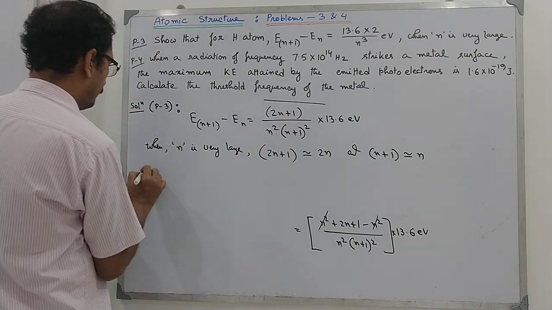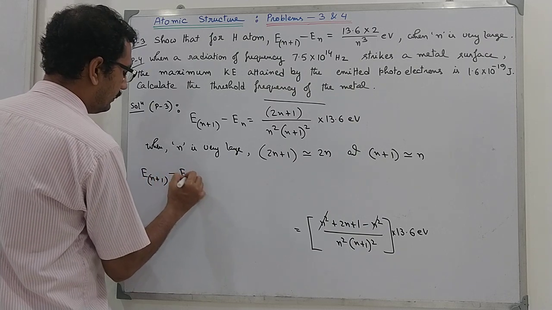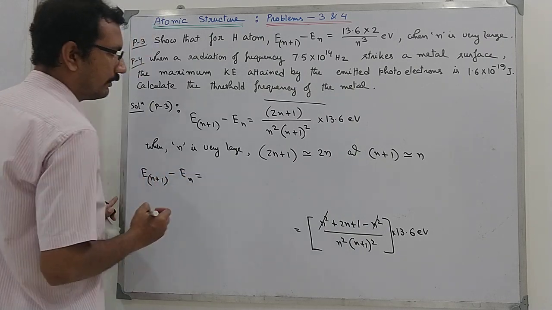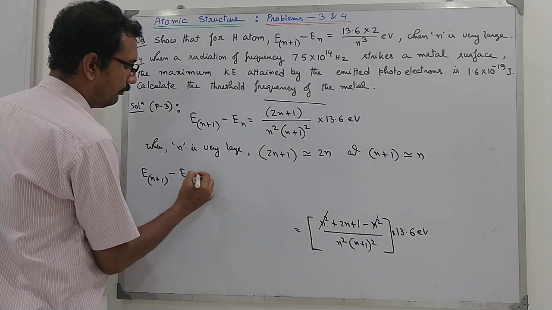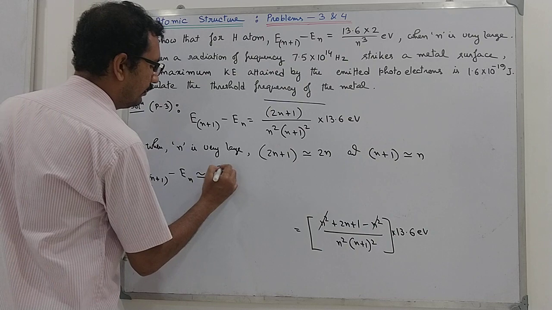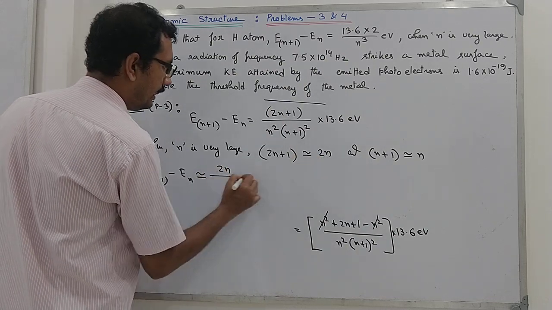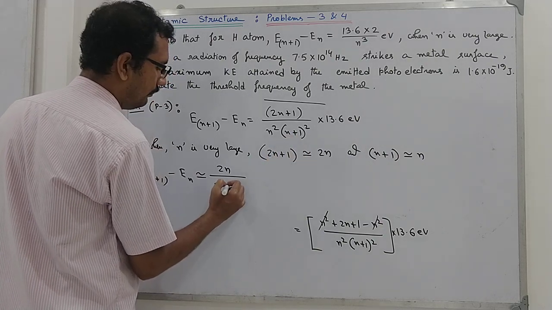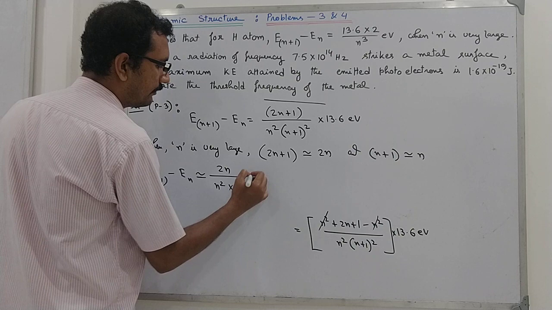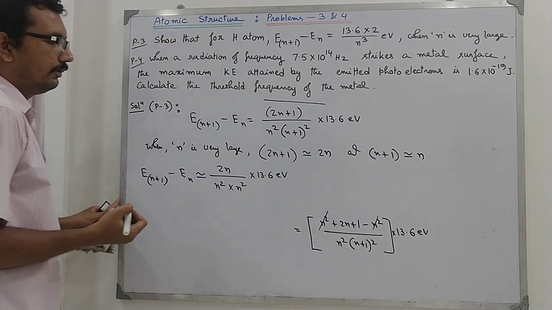Putting these approximations, we have En plus 1 minus En equals to this 2n plus 1. So when we put, we will give the almost equal to sign here. So it will be 2n plus 1 almost equal to 2n, and n plus 1 almost equal to n. So it will be n square into 13.6 electron volt.